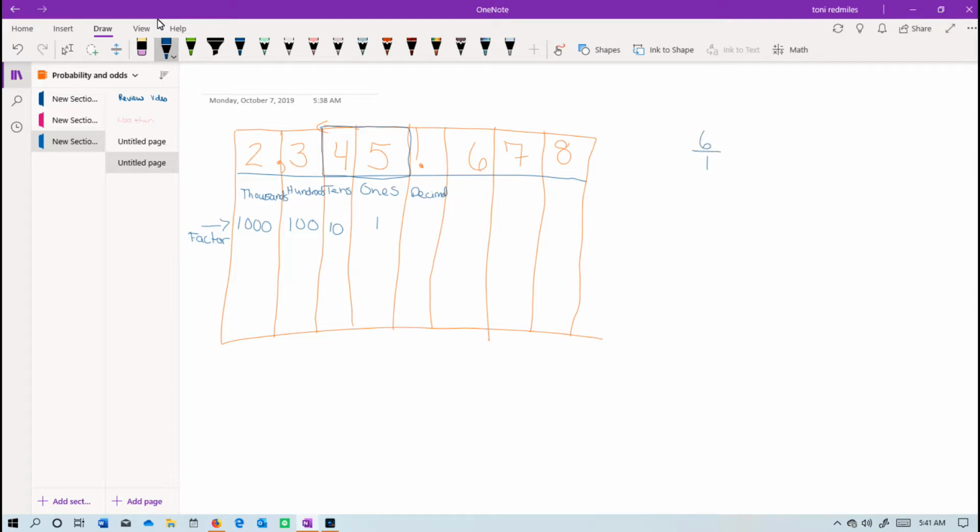So if it was 1, it'd be 6 over 1. Well, I can color in 6 different things when I'm modeling, and that would be a whole number 6. No, so we have to go to something that's going to be bigger than all the digits that can fit in there, and that is 10.